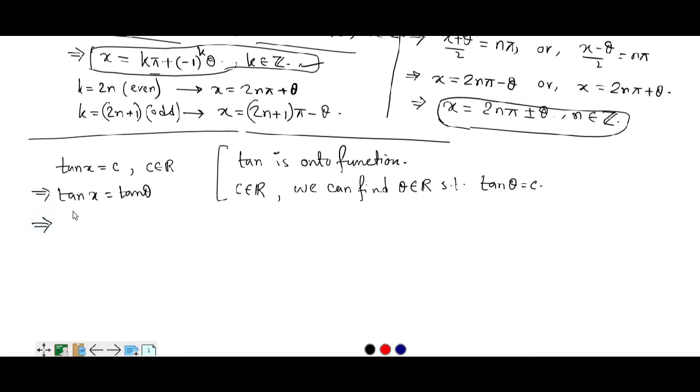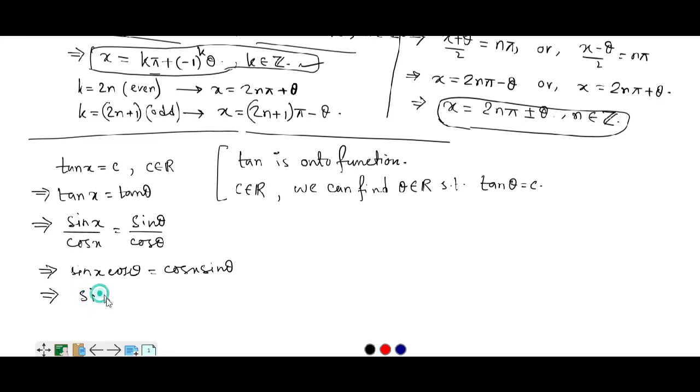If you are able to write tan x equal to tan theta, you just convert it into sin and cos, and you will be able to write it like this: sin x by cos x is equal to sin theta by cos theta. So you can write it as sin x cos theta is equal to cos x sin theta. That means it is sin x cos theta minus cos x sin theta is equal to 0.